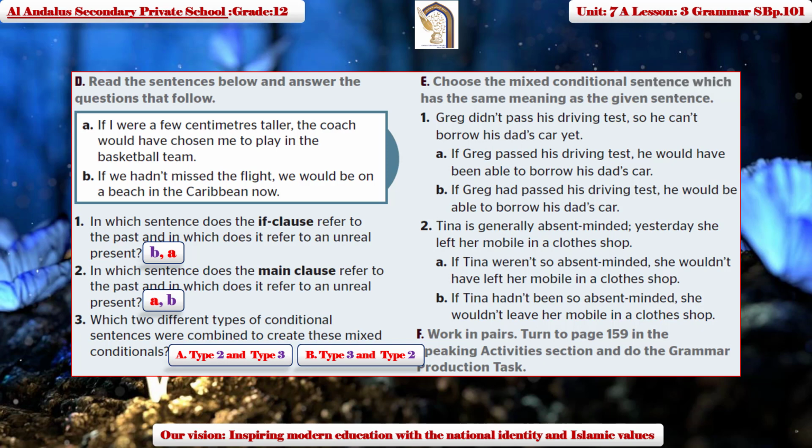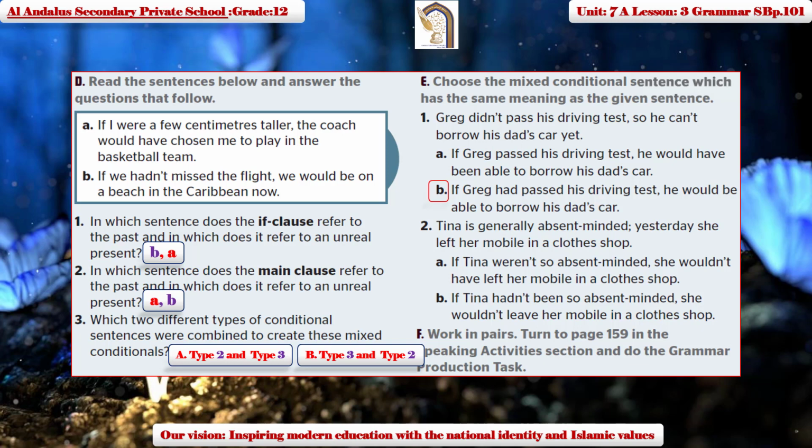Choose the mixed conditional sentence which has the same meaning as the given sentence. Sentence 1. Greg didn't pass his driving test, so he can't borrow his dad's car yet. Very good, gentlemen. This is a very good analysis. If Greg had passed his driving test, he would be able to borrow his dad's car.